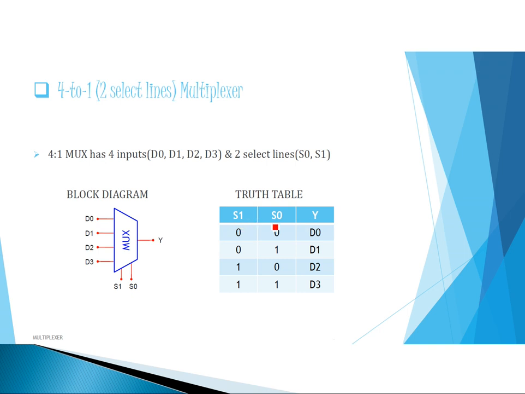For S1 and S0, when both select lines are 0, 0, the D0 input will be selected, and for 0, 1, D1 will be selected, for 1, 0, D2 will be selected, and for 1, 1, D3 will be selected.